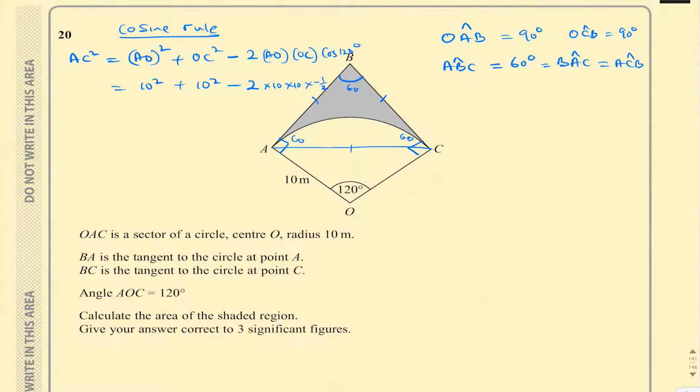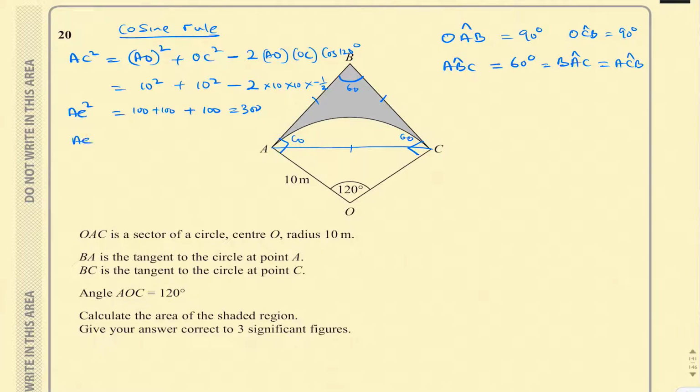If you put it in your calculator, cos 120 degrees gives minus a half. Minus times minus is plus, so that will become 100 plus 100 plus 100, because minus a half times minus 2 is 1, and 10 times 10 is 100. So AC squared equals 300.